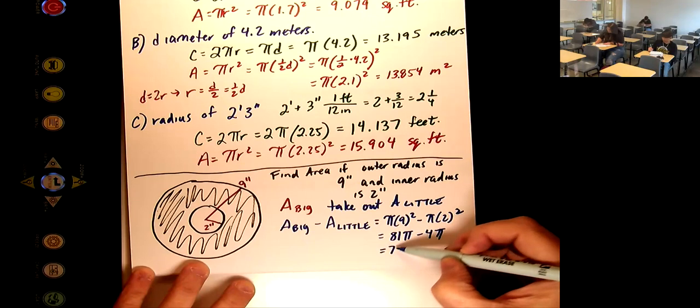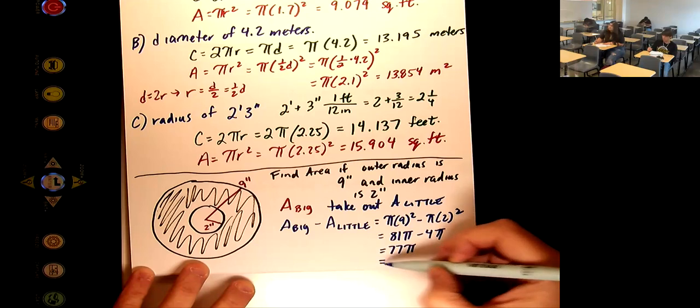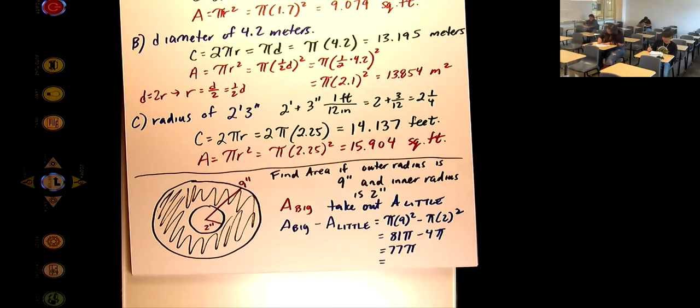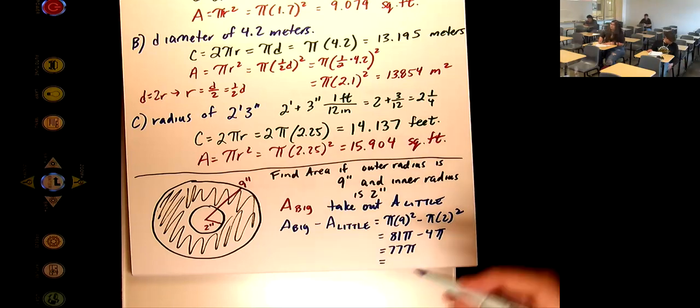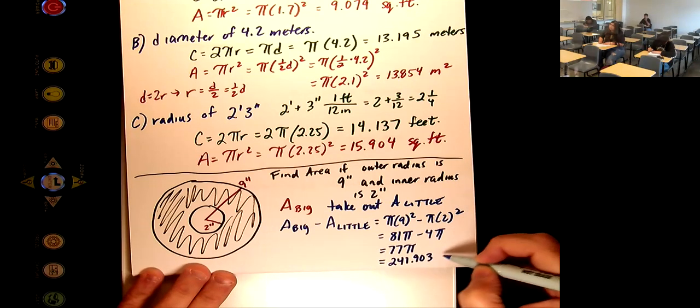So this is 77 pi. Then if I need a decimal, then convert it to a decimal. 241.903 square inches.